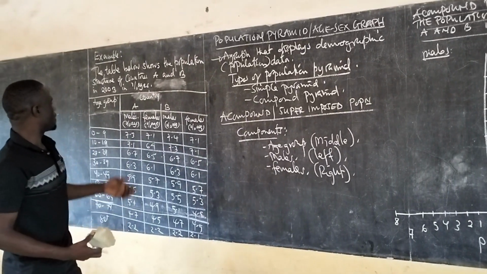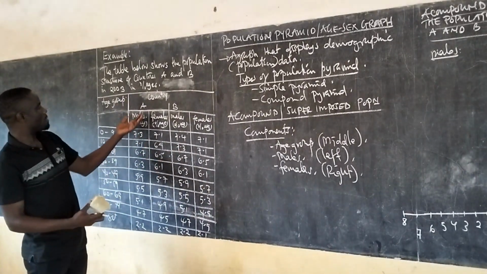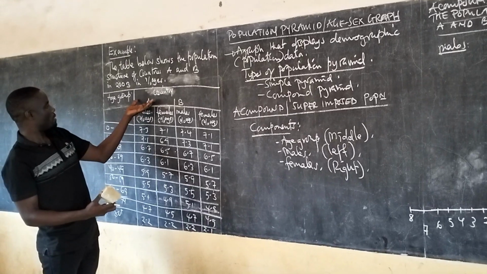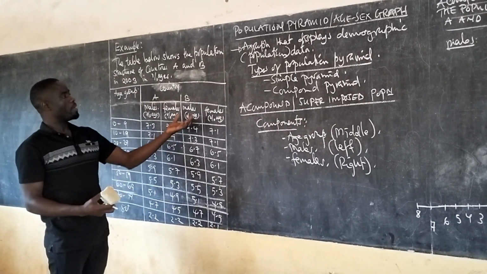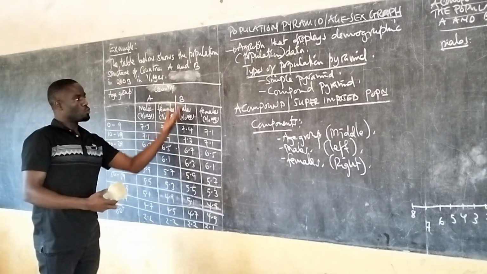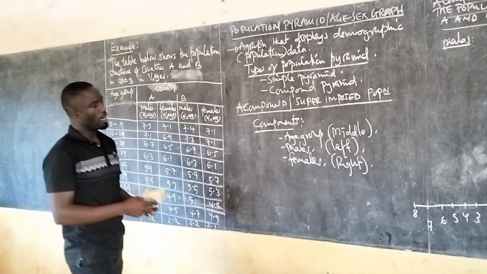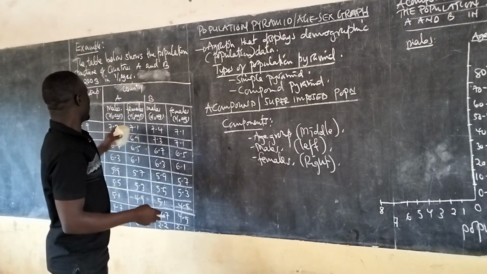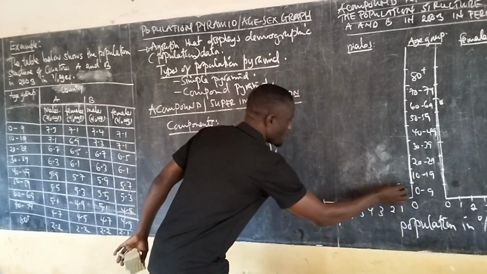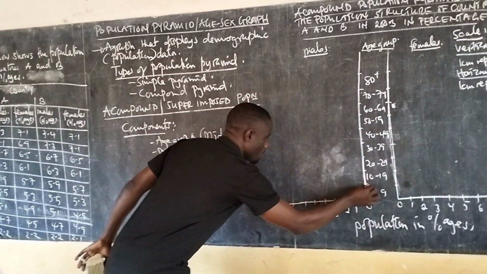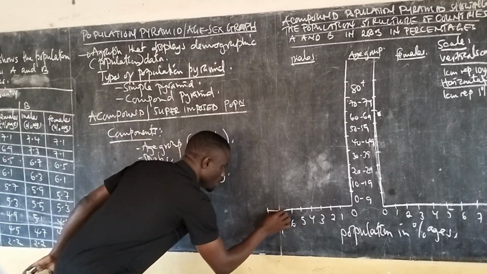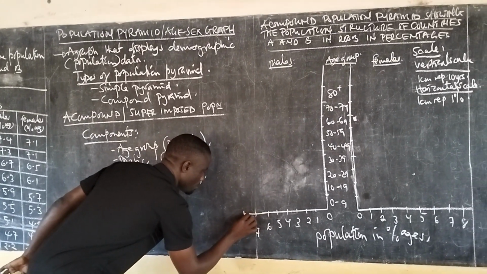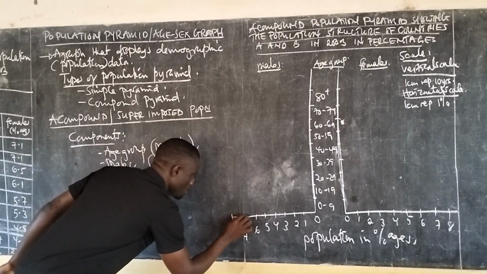Or we can do it like this. You can be flexible. You can start with the males side of country A and the males side of country B, because we are going to superimpose this graph. So 0 to 9, country A, 7.3. This is 7, we have 1 here, 0.3 can be around here.